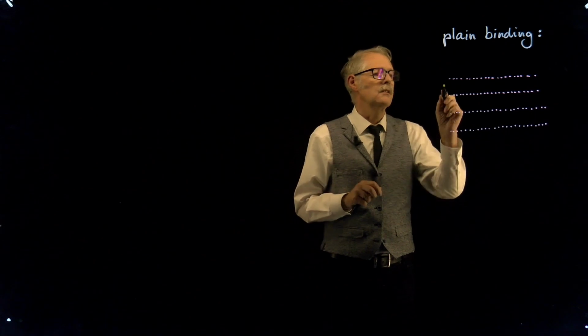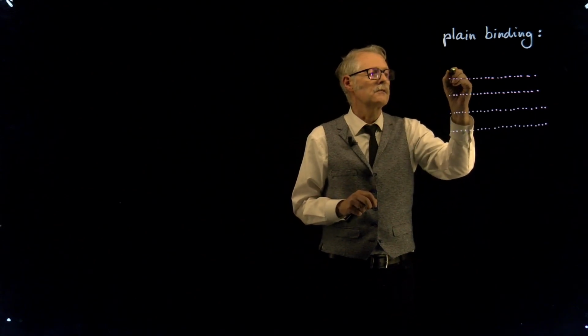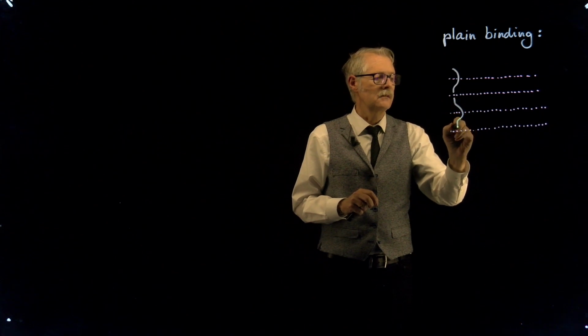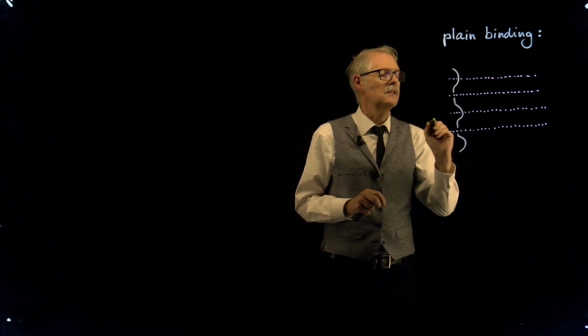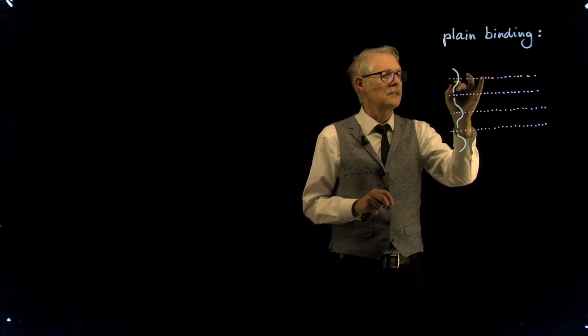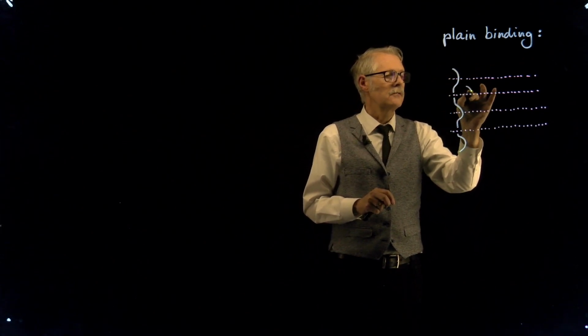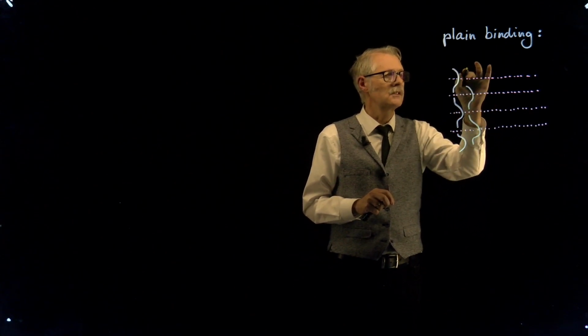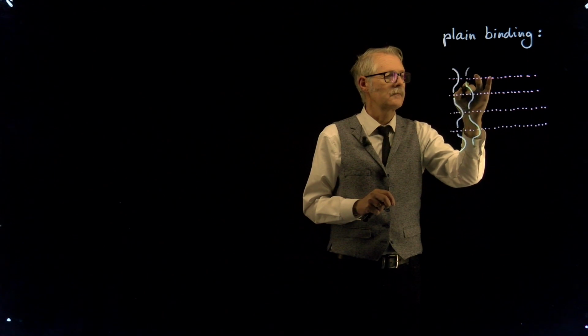Say the first warp goes over, then it goes under, the next goes over, the next goes under. It goes like that. And then the other one, it shifts by one. So rather than going over here, it goes over here. Under, over, under. Of course, here it's also under.